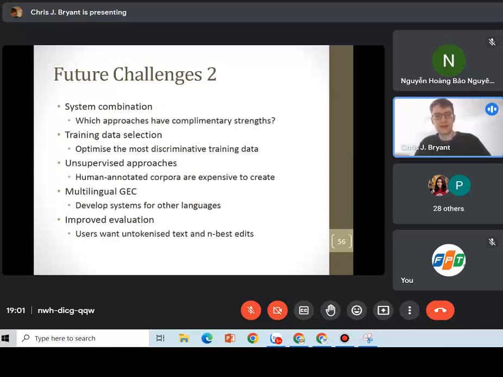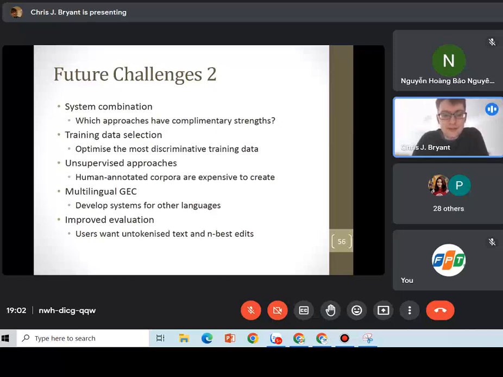Other challenges, so system combination. We talked a little bit about that, but there definitely should be ways of finding which systems have complementary strengths and which cover weaknesses in others and combining that in a sensible way. Training data selection. The data sets that we have often have lots of article errors in.